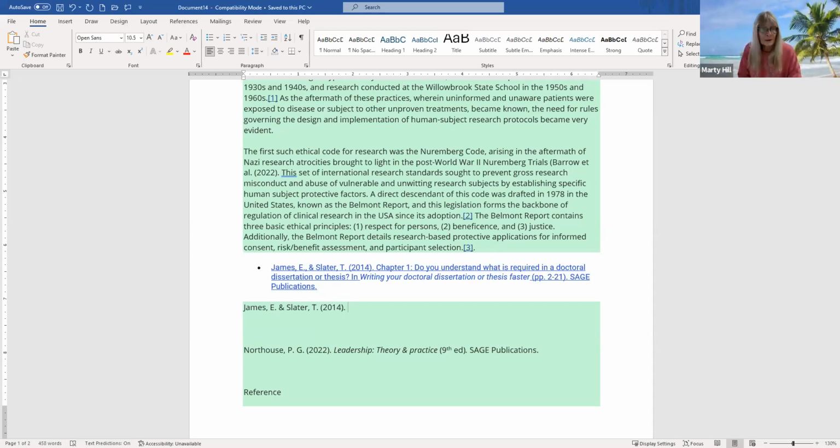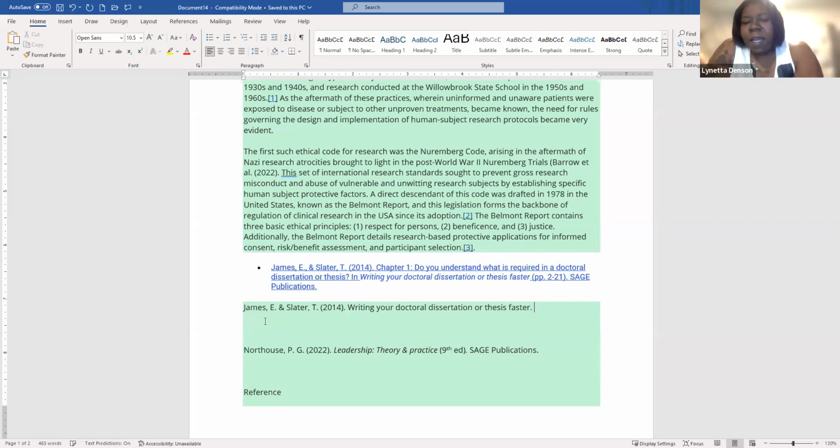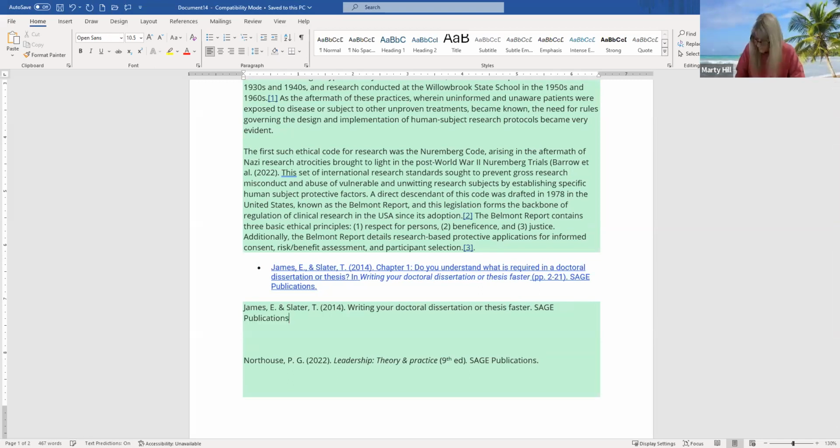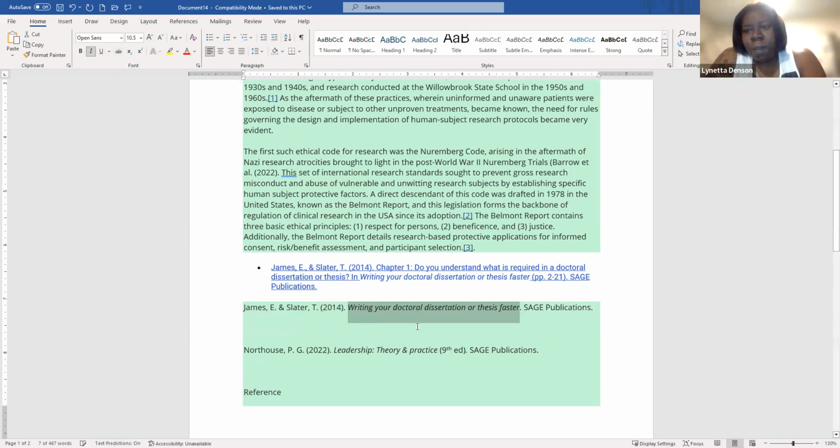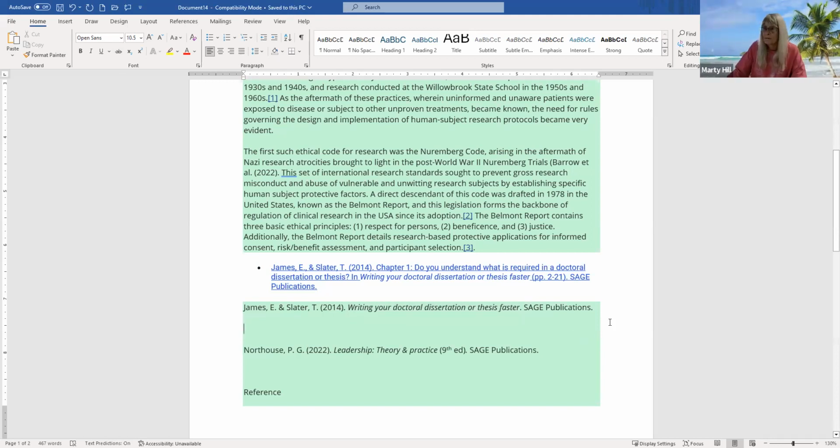The title of the book is Writing Your Doctoral Dissertation or Thesis Faster, with Sage Publications as the publisher. The book title is placed in italics. You don't need to provide the chapter number because it's not an edited book. It's not a book where there are different authors for each chapter. Does that make sense?